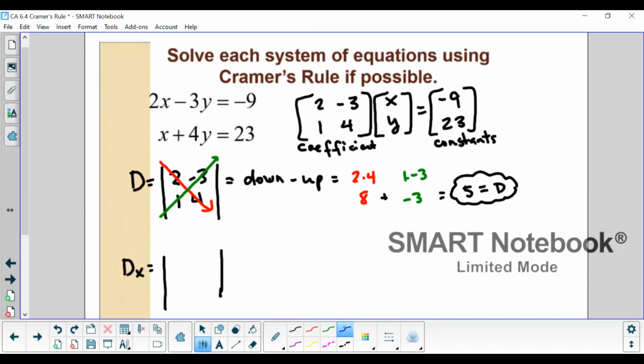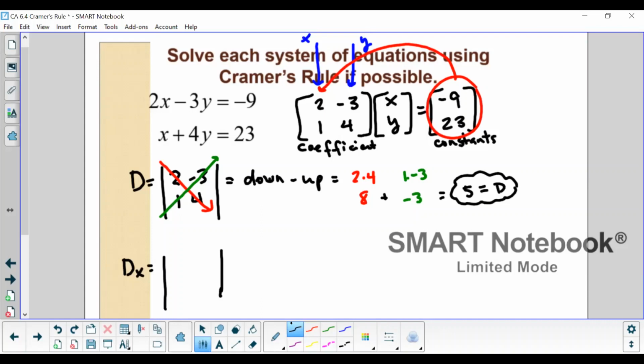Remember that the first column on the coefficients represents the x coefficients, okay? The second column is the y coefficient. So to find D sub x, we take the constants and replace the x column with them. The second column is going to stay the same.